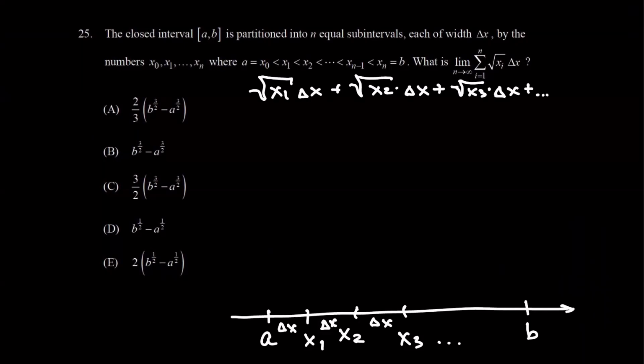So let's see what those are. The first term is delta x times some value, the square root at the value x1. So this point here is the square root of x1. And so the square root of x1 times delta x is actually this rectangle here.